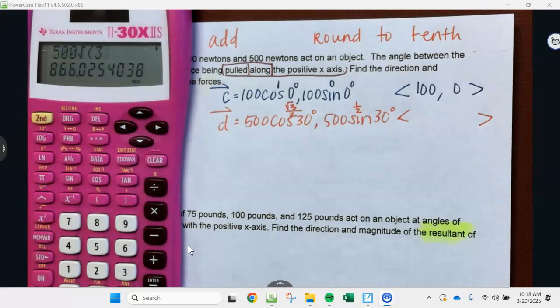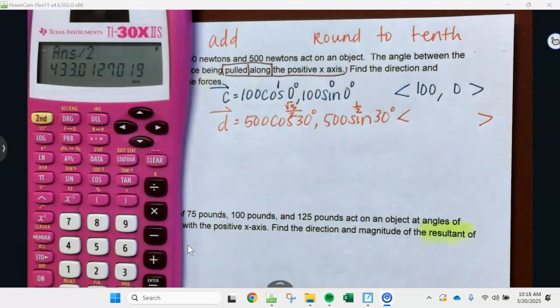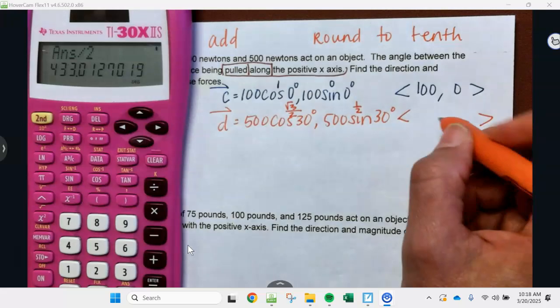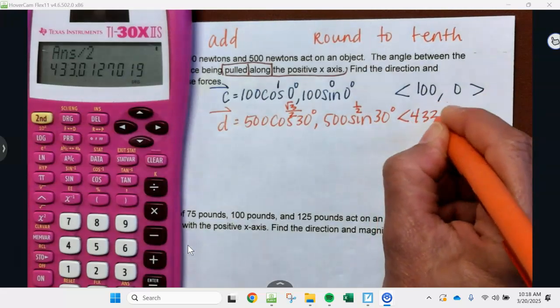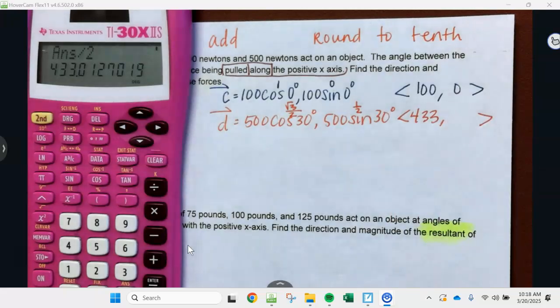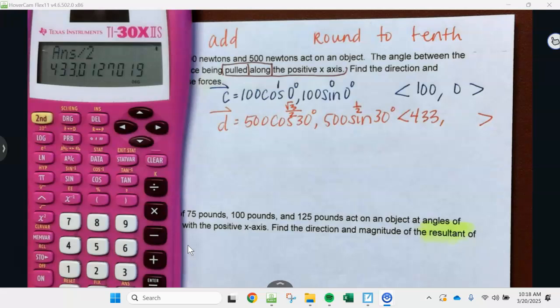So we have an 866 number. Don't forget it's divided by 2, so hit divide by 2. All right, we're going to round to the nearest tenth, and that just makes that a whole number of 433. The next component is going to be 500 times 1/2, so that's just 250.